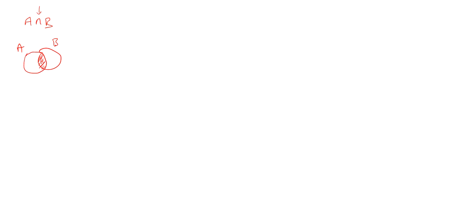If we are asked to shade A union B, and this is set A and this is set B, A union B is all of this here.